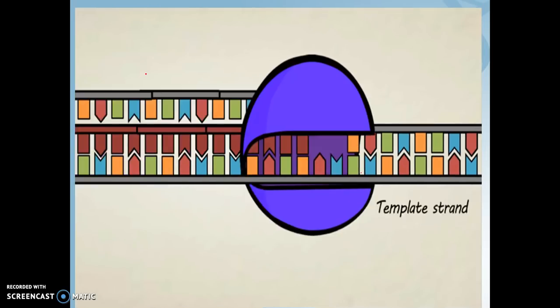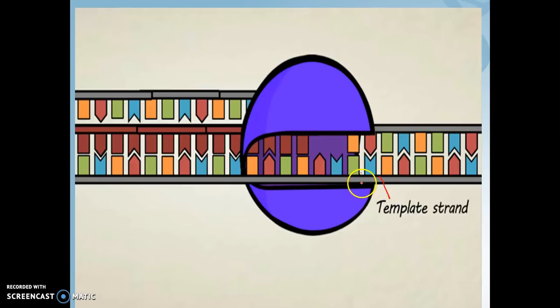As it moves down the DNA strand, it makes the RNA strand from the nitrogenous bases, taking the codes complementary to the mRNA from the DNA strand. The strand from which it takes the codes is called the template strand.